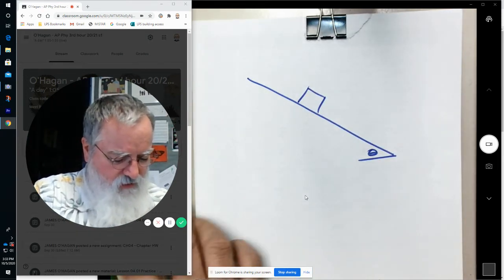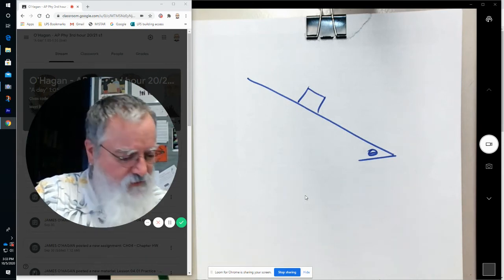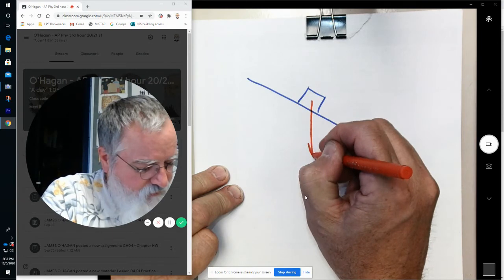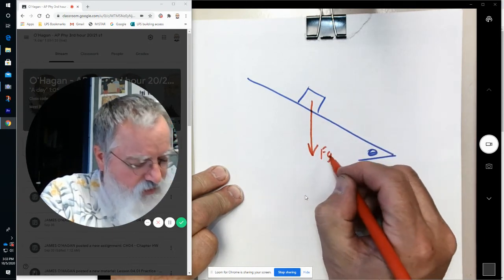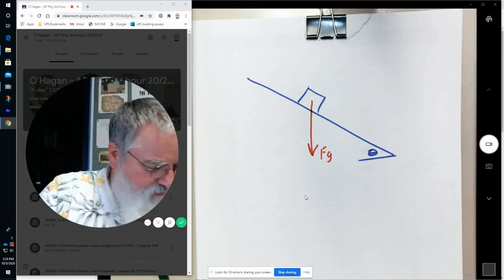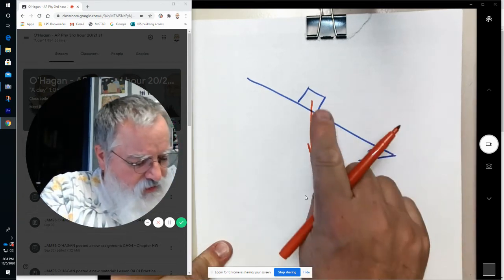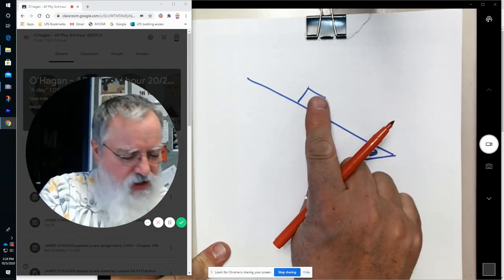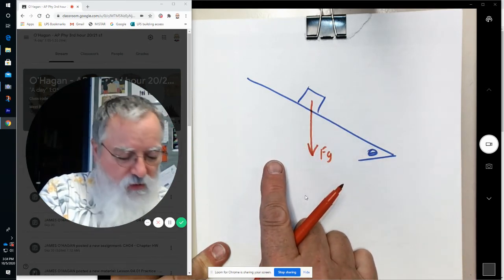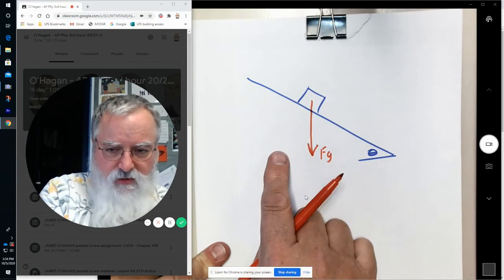All right, here come the forces. First force we have, because it's on the Earth, you've got some gravity force. Second force is that the object will not pass through this ramp. There's going to be what's called a normal force keeping the object from passing through the ramp.